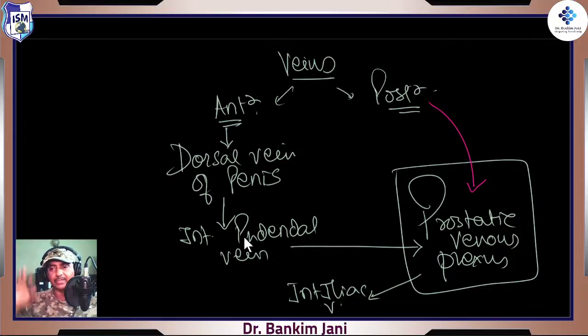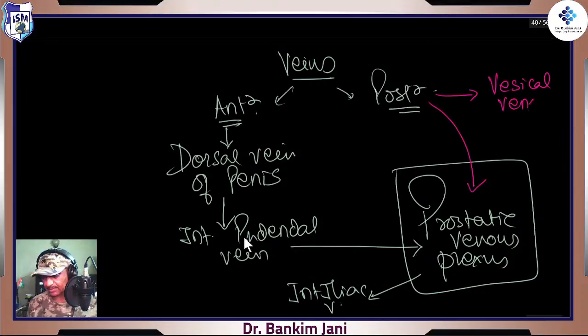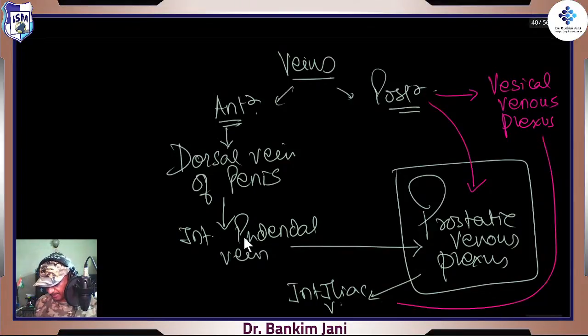So straight away it drains over there. Some part may go into the vesical venous plexus, right? We saw that vesical venous plexus going via the posterior ligament, and that once again will be draining into the internal iliac, right? So that's the layout.